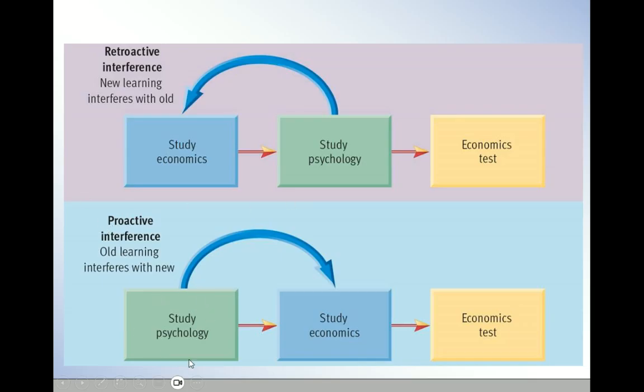Proactive is when first period psychology gets in the way of second period economics. Pro means forward. Old learning interferes with new learning. So on a timeline going left to right, pro means forward, future. Okay, draw that. Let's move on.